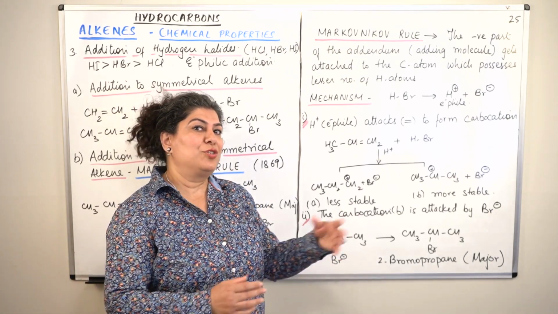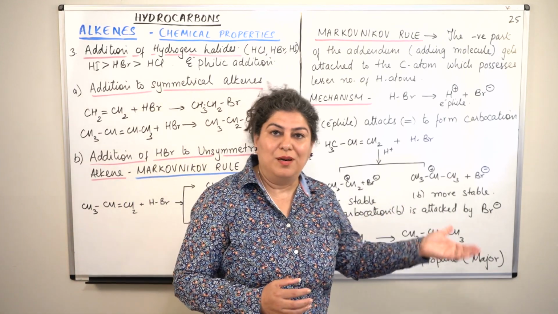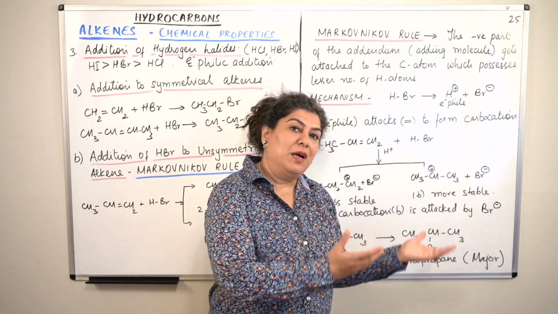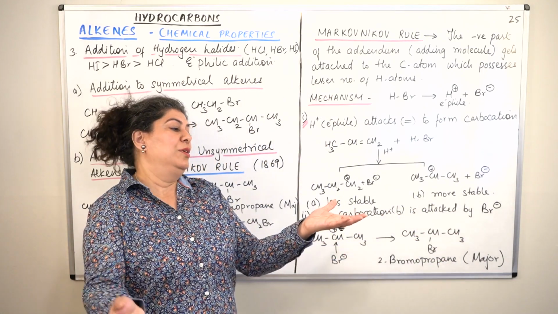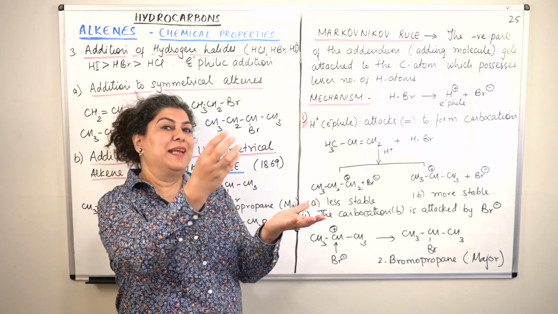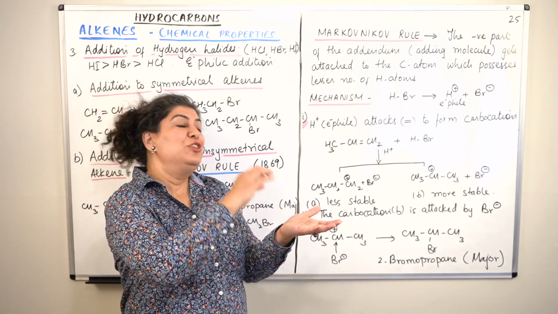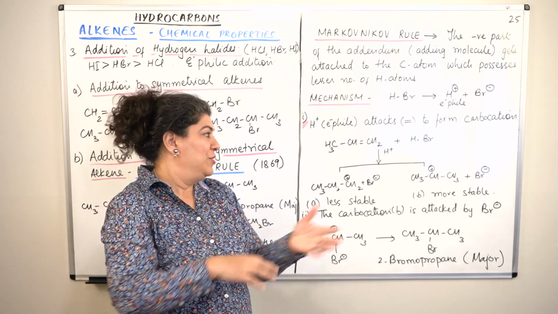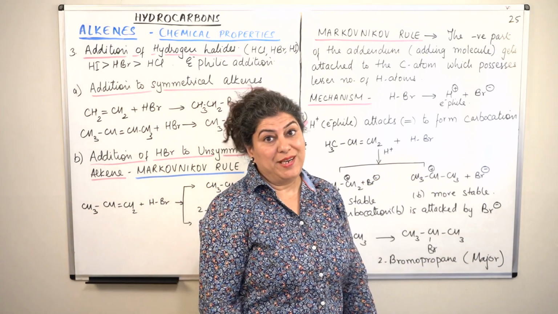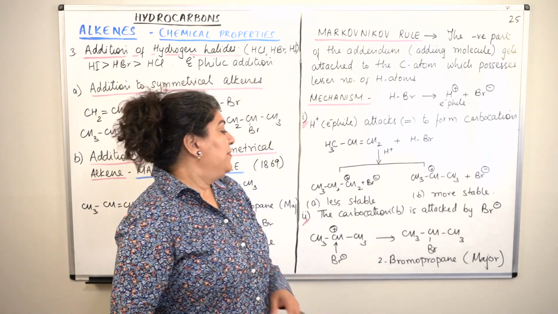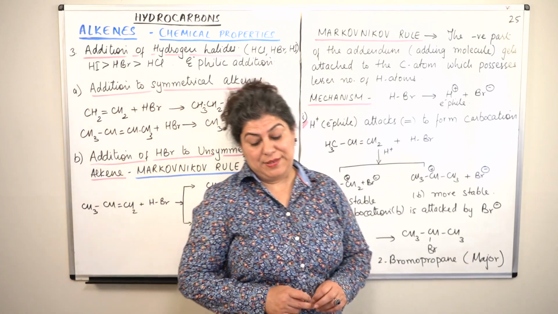Simple, that is because it is forming a more stable carbocation. The more stable carbocation will lead to the negative part of the addendum adding to that carbon. In this case, it is the secondary carbocation. So that was Markovnikov rule explained.